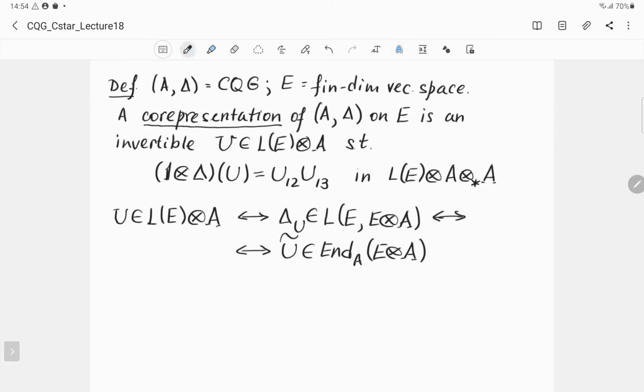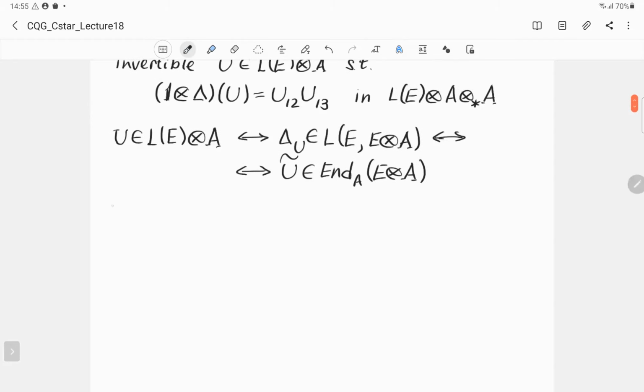Okay, now to study co-representations, it's useful to interpret them as representations of the dual algebra. So let's recall that the dual space A star is actually a Banach algebra under convolution.